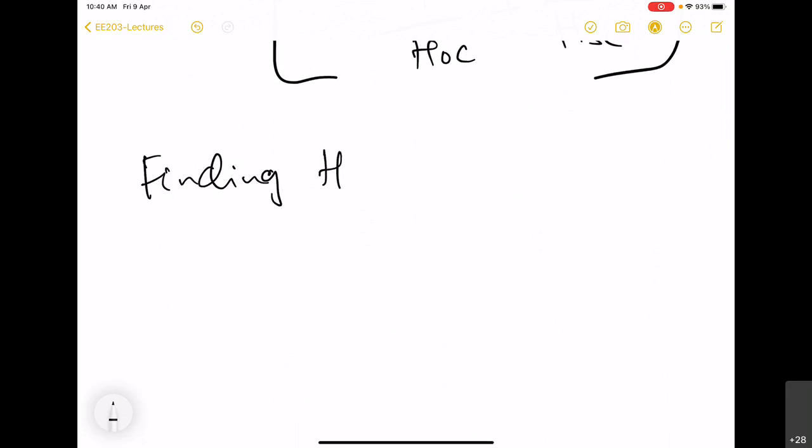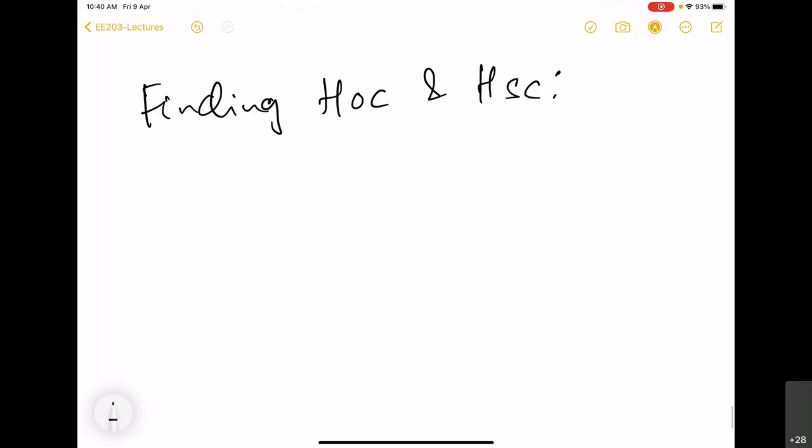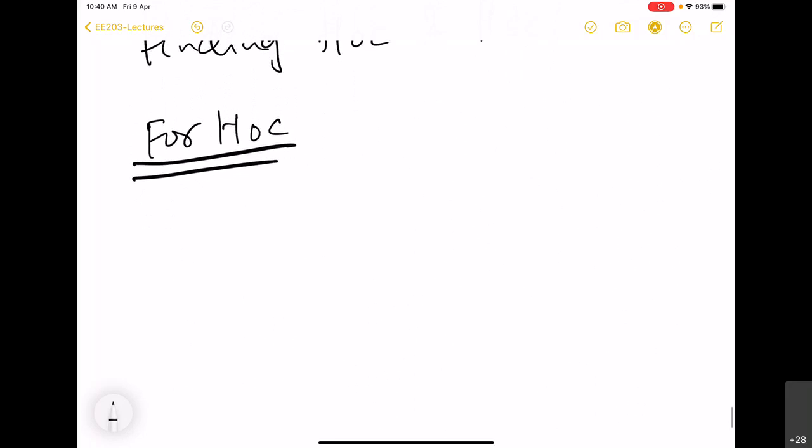So for finding HOC and HSC, for HOC, this is the circuit we will have to set up.